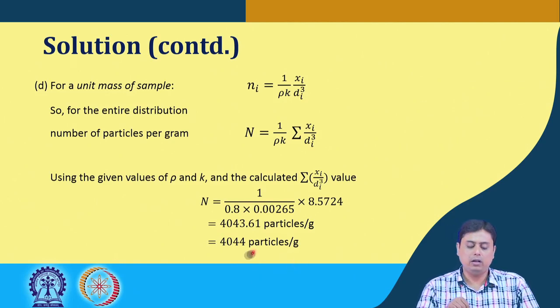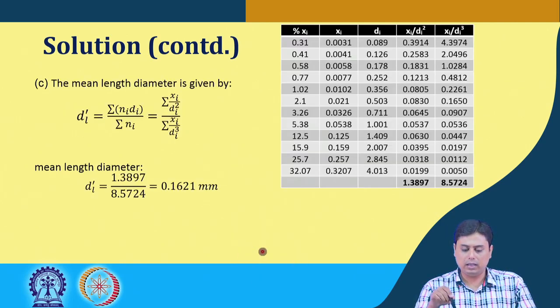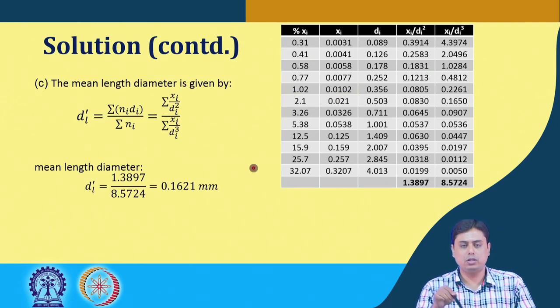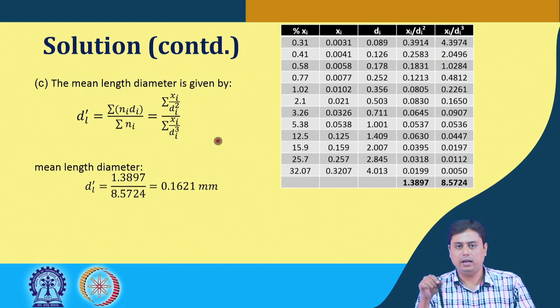Now, again depending on this value, if you are asked to calculate the number distribution, you can find that from the equivalent distribution, where instead of x there is involvement of n and d from the corresponding expression.